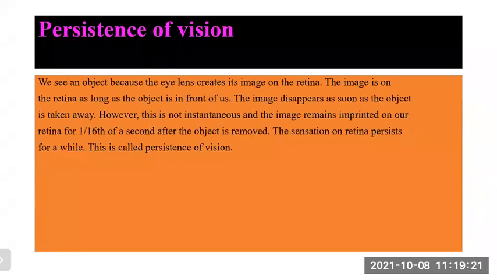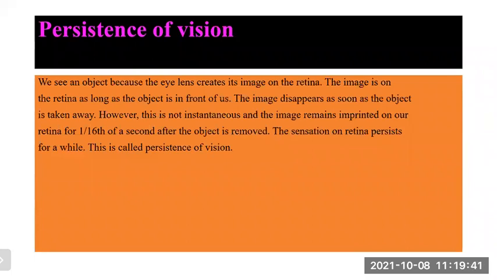However, this is not instantaneous, and the image remains imprinted on our retina for 1/16th of a second after the object is removed. So the sensation on the retina persists for a while.